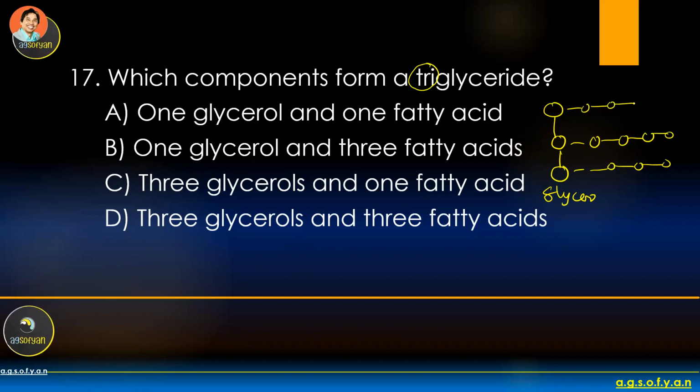Fatty acid is a molecule that has a lot of carbon and hydrogens, a long chain of these atoms. So it consists of 1 glycerol and 3 fatty acids. Look for that. So this is the answer.